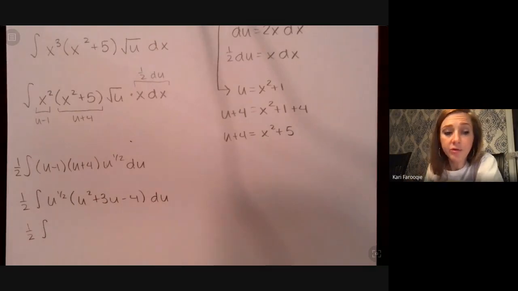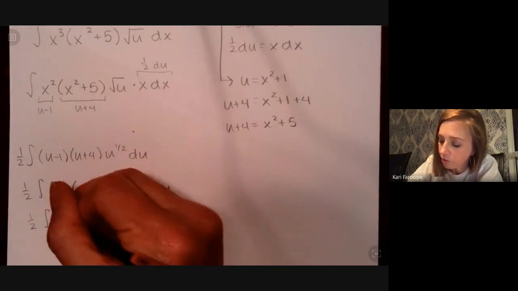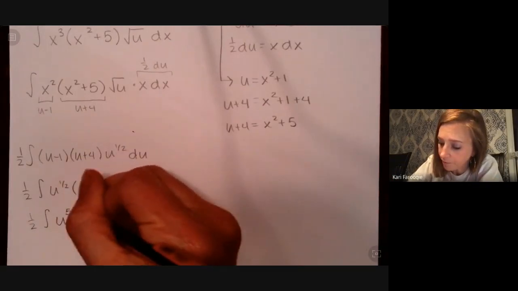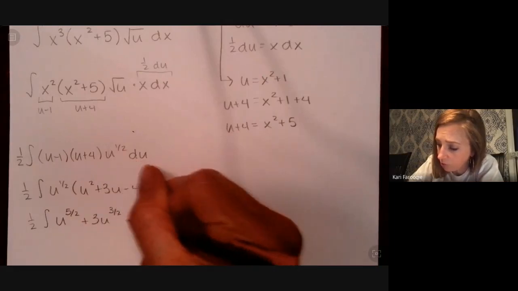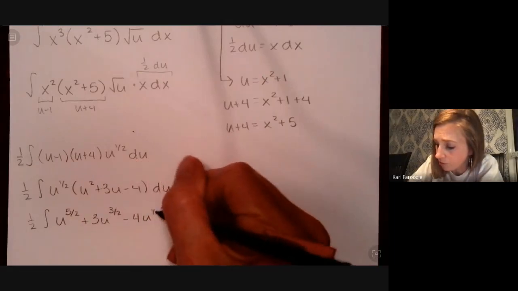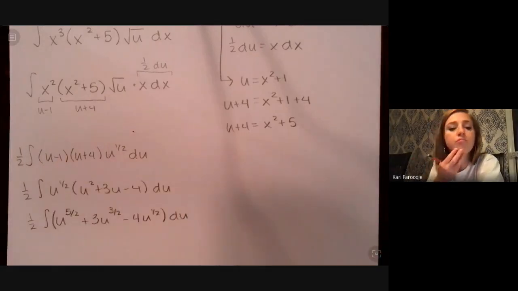Now you can multiply the u to the 1/2 into your trinomial. 2 plus 1/2 is 5/2. 1 plus 1/2 is 3/2. And then for the last term, we'll have 4u to the 1/2.